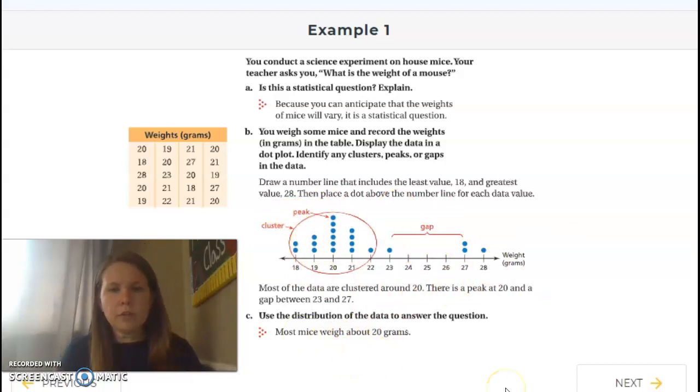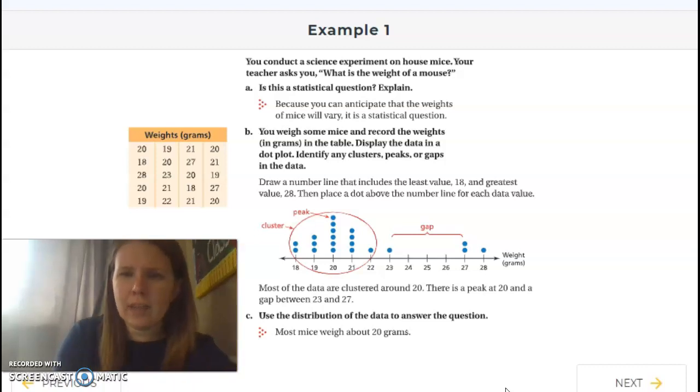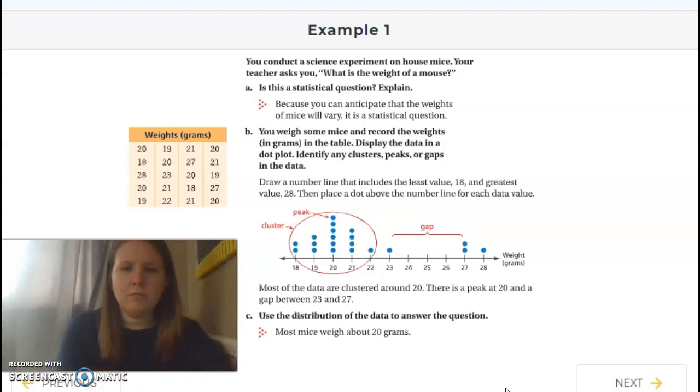So for the most part, you could kind of go, hey, most of the mice are about 20 grams. Okay. So just making some of those connections, or you could say that, in the general idea, most mice are between 18 and 22 grams. Otherwise, we've got some kind of chubby mice over here.